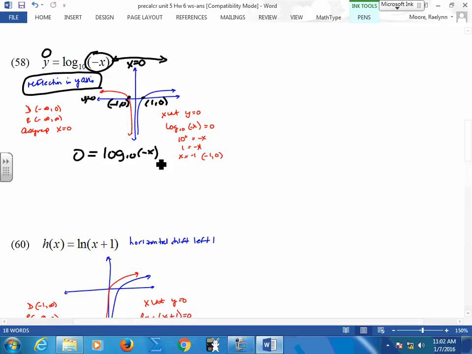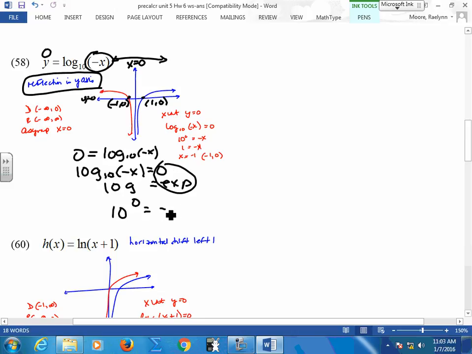Use your base, your answer, your exponent: log equals exponent. Take the base, remember, this is base 10, to the exponent, that's 0, equals negative x. Anything to the 0 power is 1. And divide by negative 1 to solve for x.